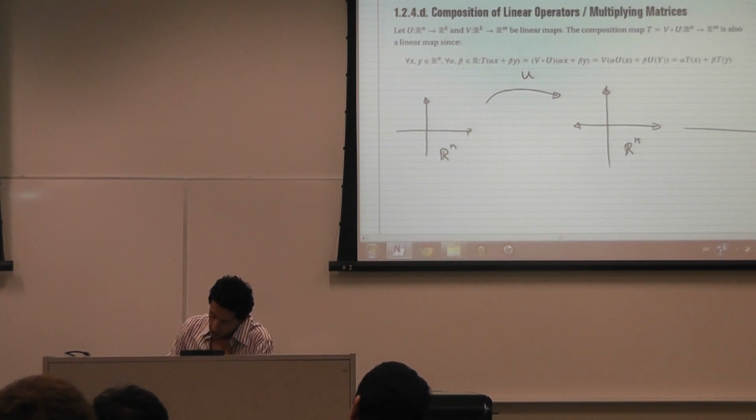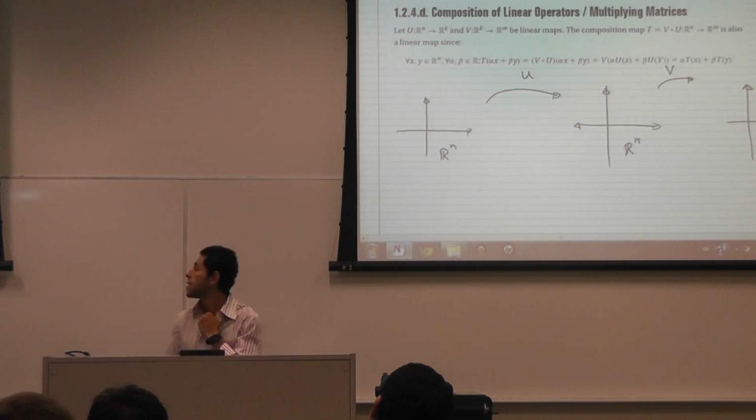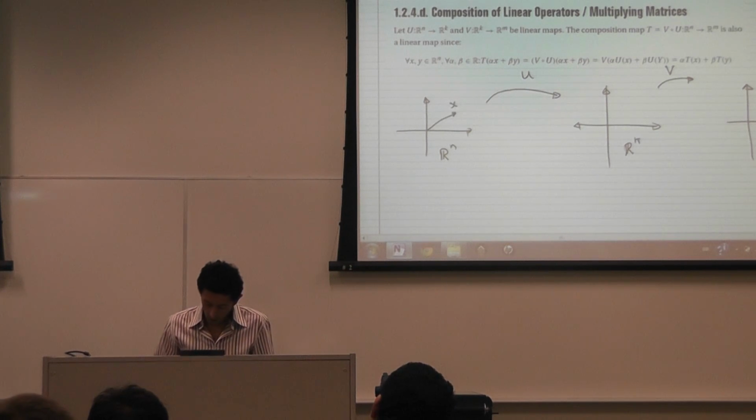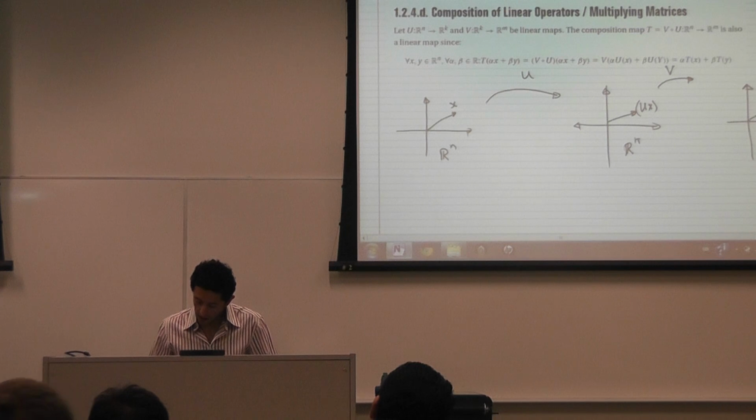And I have another matrix that takes from this k-dimensional vector space to an m-dimensional vector space. So for every x here, I have Ux, which is another vector that has k dimensions. And for this Ux, I have another vector here that's equal to V of U of x.